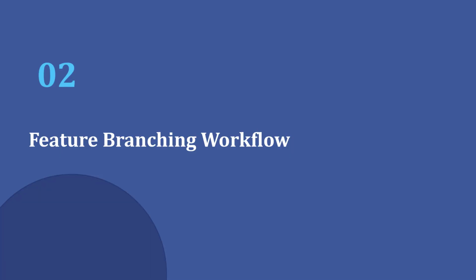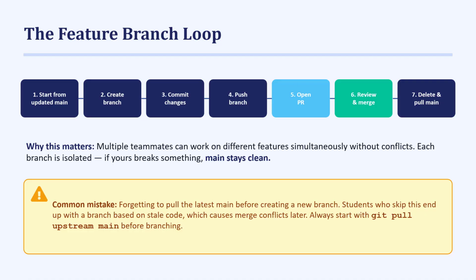So let's look at the full feature branching workflow so that we really get an understanding of this. The full loop looks like this. We start from an up-to-date main. We create our feature branch.